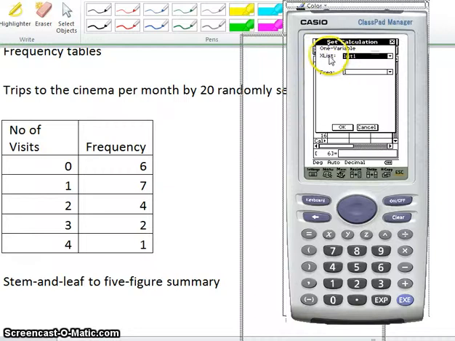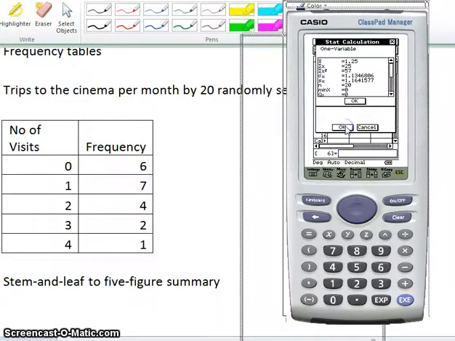The number of visits is certainly the thing that goes into the X list. Now the frequency, we need to tell the calculator where to go find the frequency, and we put it in list 2. So for the frequency, we'll just point it to list 2 and hit OK. And brilliant. What it does is then just works out the 5-figure summary for us.